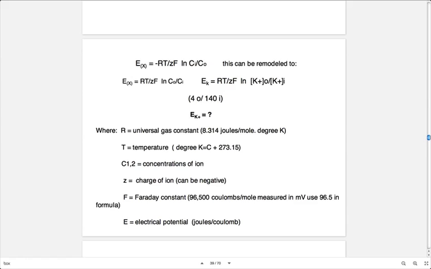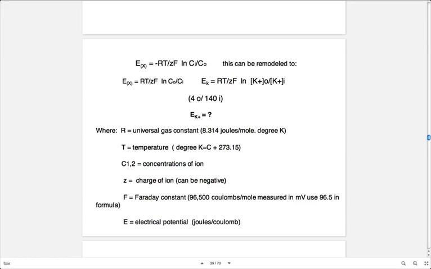So the values in the Nernst equation, well, we've got our universal gas constant. There it is, it's a number. We've got temperature, so Kelvin is 273.15 plus degrees Celsius. So what's our temperature in Kelvin? Bust out your calculator, it's okay. Yeah, right around there. Throw in your 0.15 and you're set.